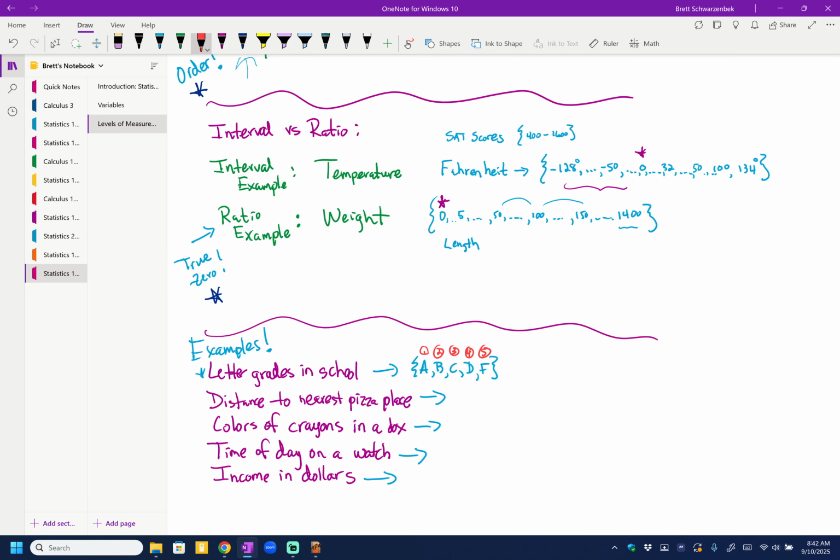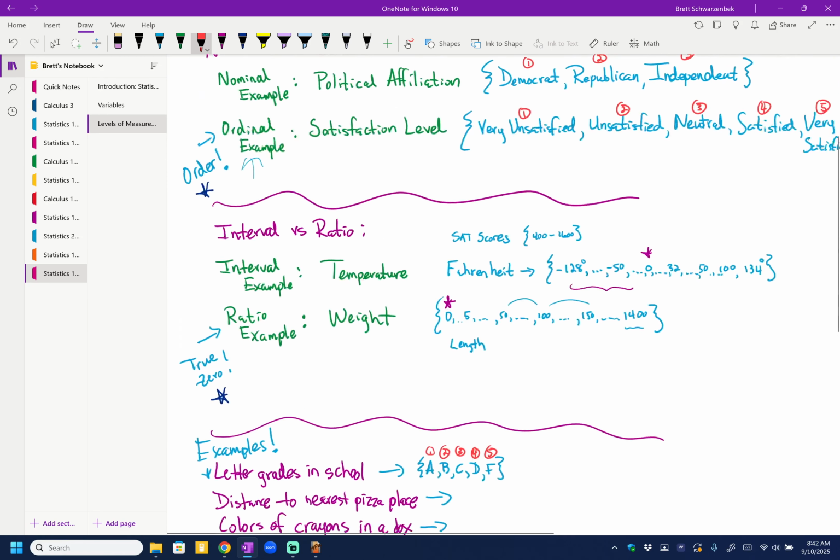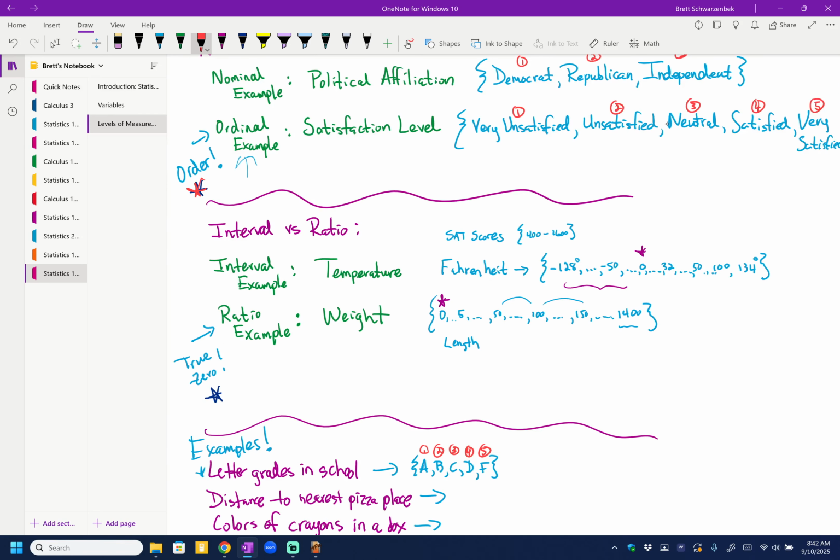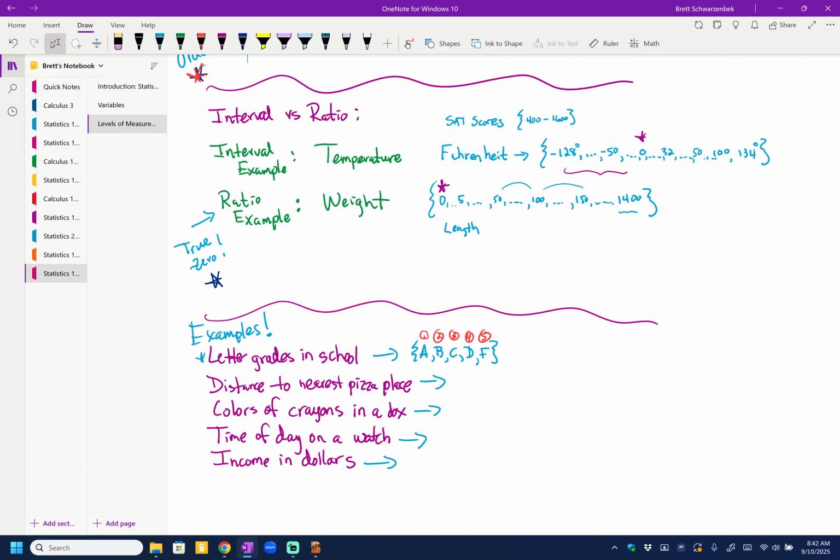Remember, that was the key. Remember, I put a star right here. Does the order matter? And if you look at this very closely, order does matter because an A grade is bigger than a B grade, which is bigger than a C grade, and so forth, which means we're clearly going to be dealing with ordinal data, an ordinal level of measurement.